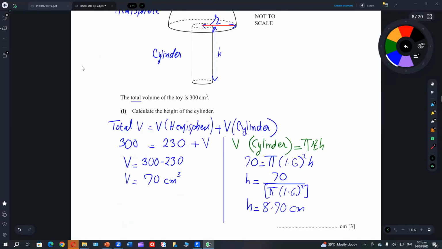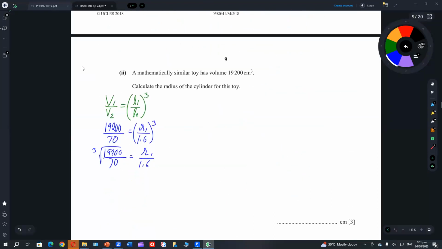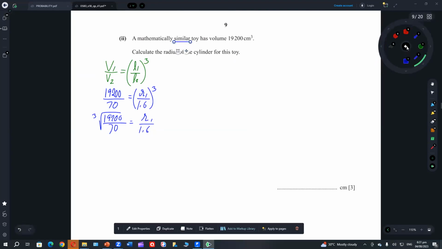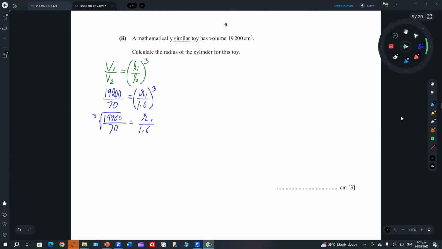It's the data from part 1. Or I could choose the hemisphere as well, right? No, the hemisphere is not being talked about now. The question is not talking about the hemisphere, so we can't take it here. So now solve this step.